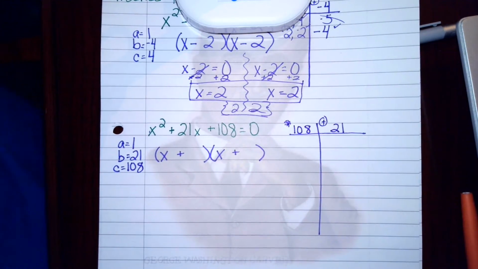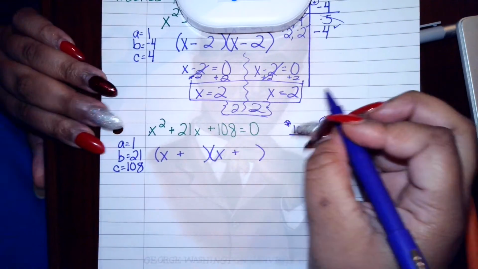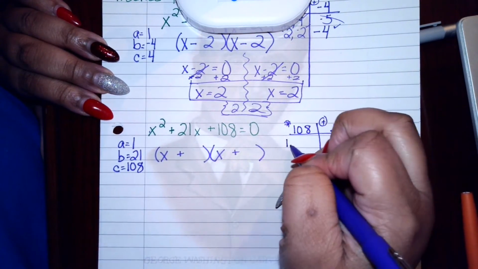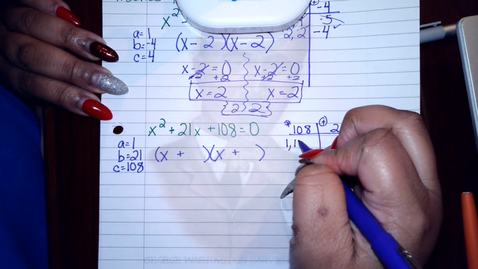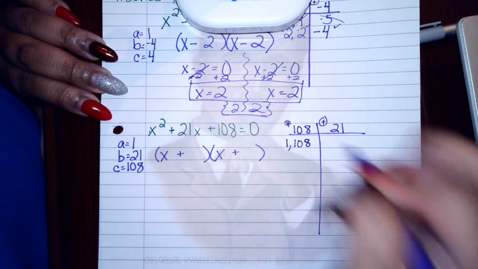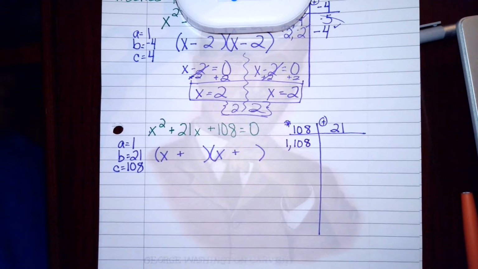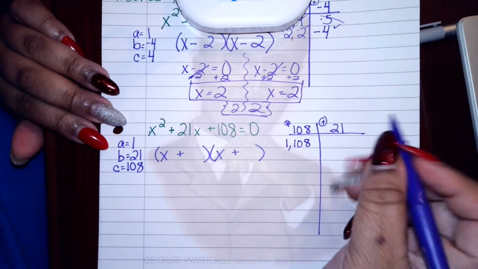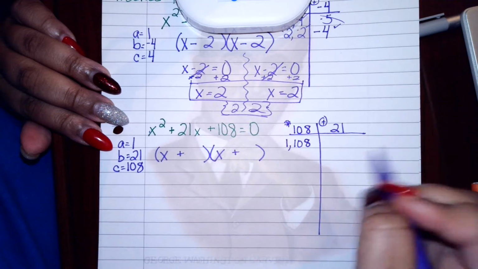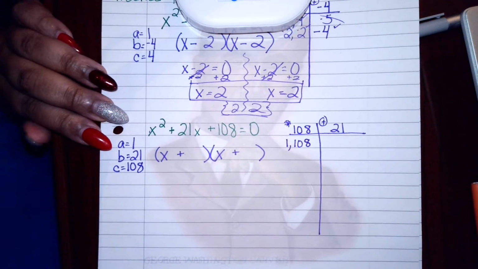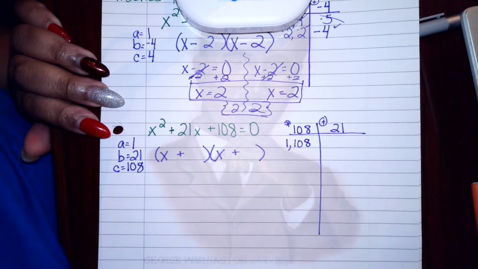All right, so I know we always talk about starting with the identity property, so we're going to go ahead and do 1 and 108. That's a big number, isn't it, guys? Okay, but we're still going to go ahead and do it full out the way that we would do it anyway.